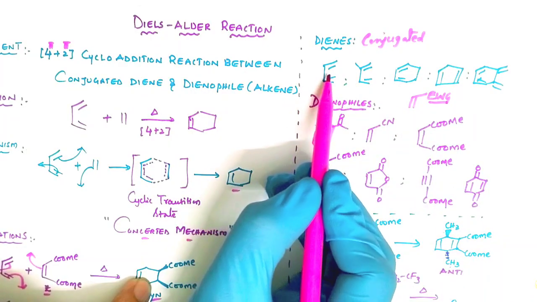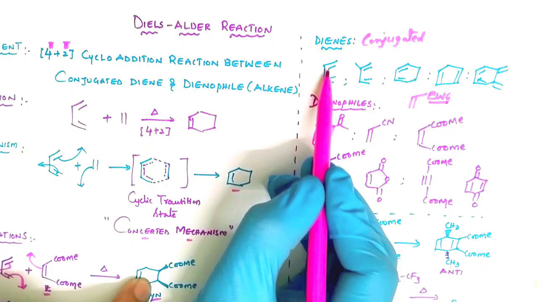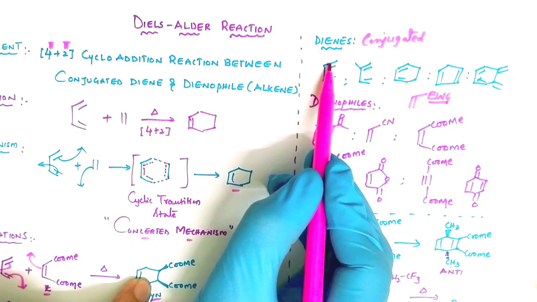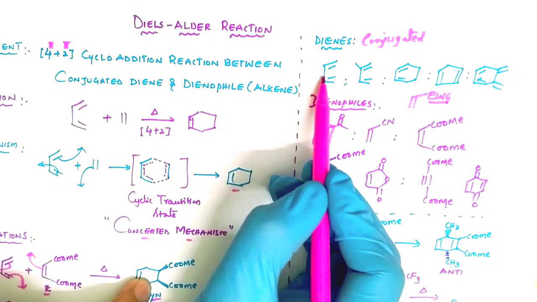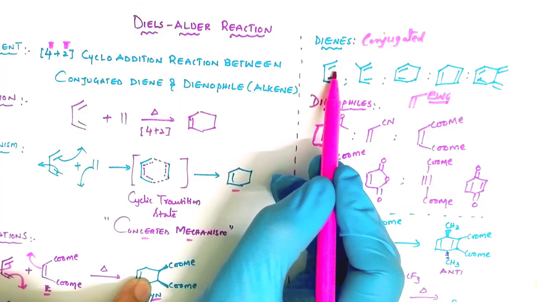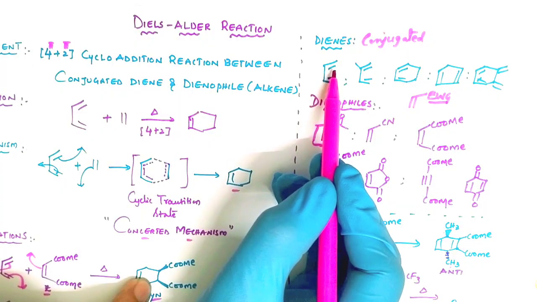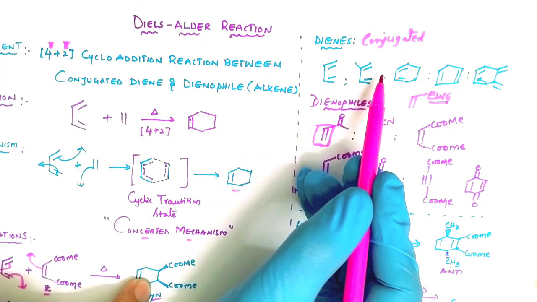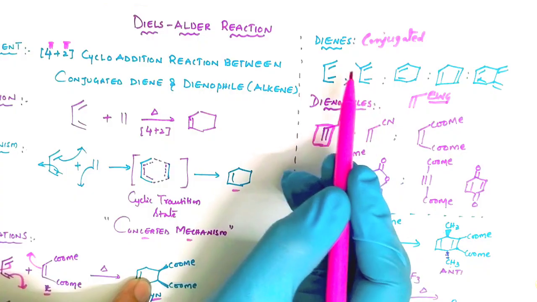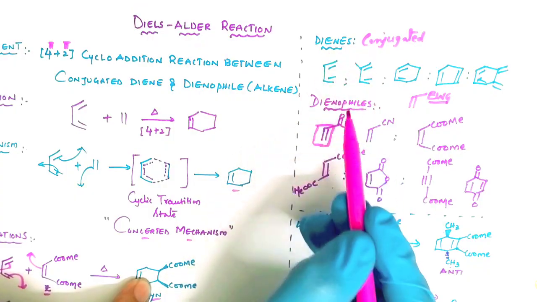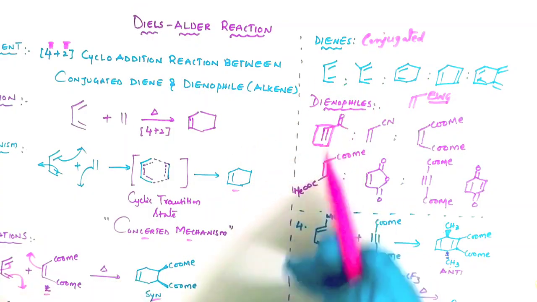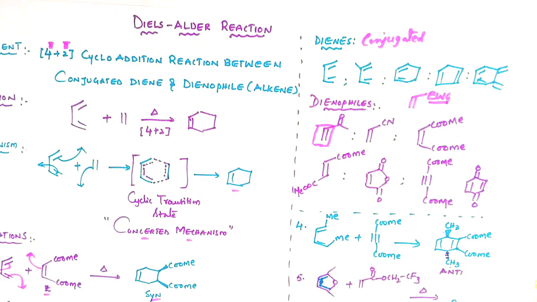If you see the diene, two pi bonds are in alternative mode means this is electron rich center or not. Always electron rich centers want electron deficient centers or not. So if you couple conjugated diene with the dienophile, one should be the electron rich, another should be the electron deficient.